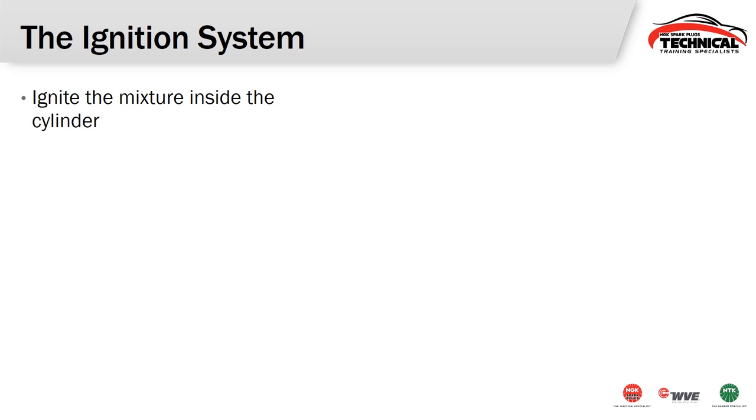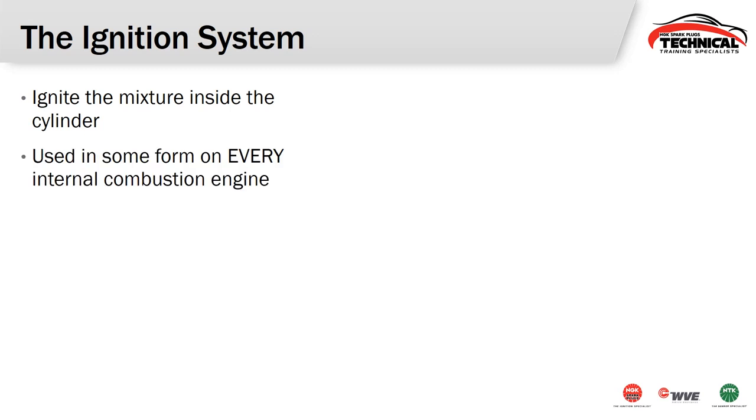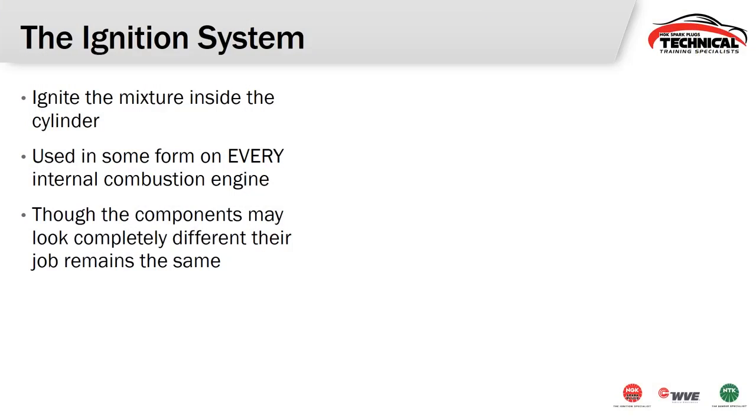Now, this ignition system is used in some form on every single internal combustion engine going down the road today. The components on these systems may look different from vehicle to vehicle or through the years, but their job always remains the same, and that's to ignite the mixture we have in the cylinder.